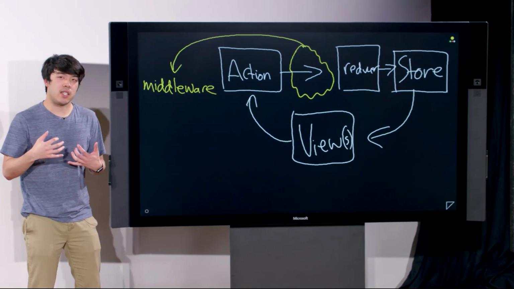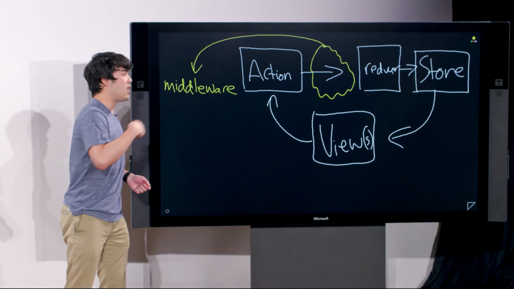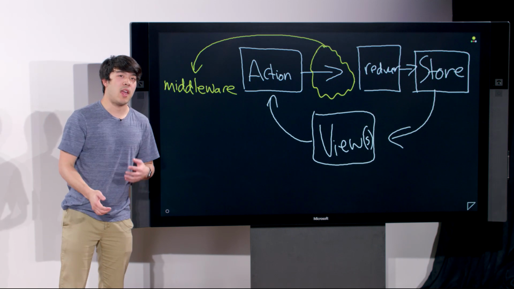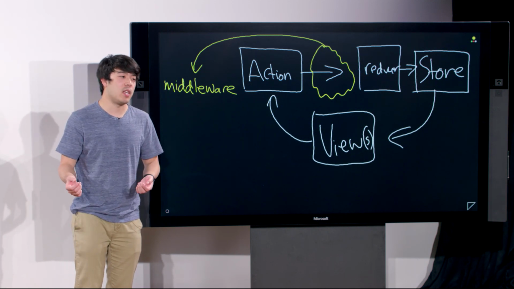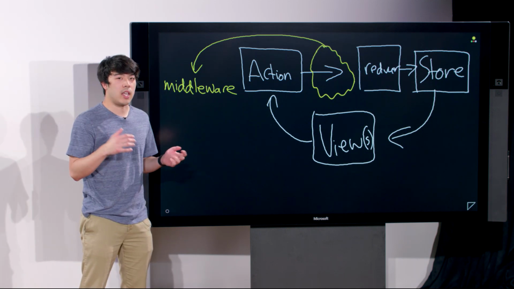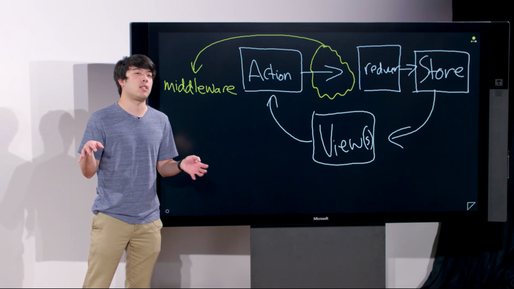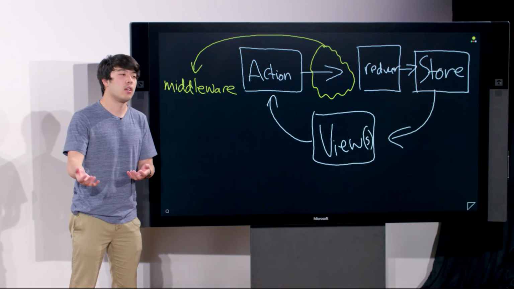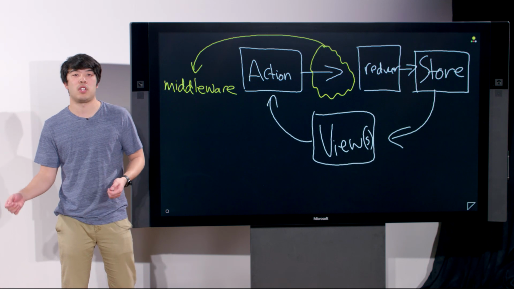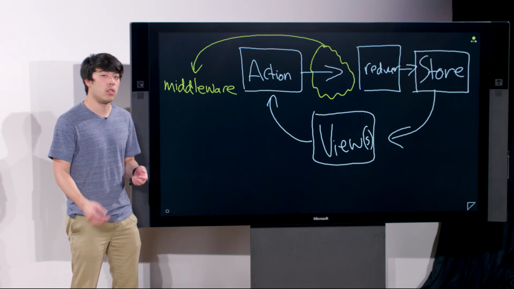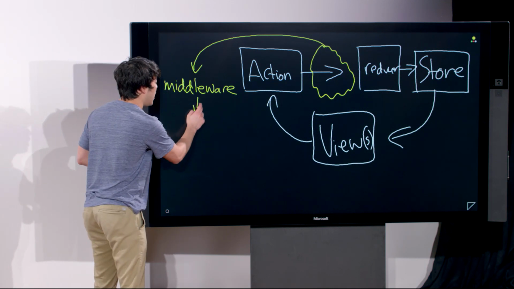Middleware is a chain by which we can just keep passing the action down the chain and modify it however we want. And maybe by modifying it, we just ignore it. We don't even dispatch a new action. Instead, maybe we just say, hey, action, you can dispatch your own things if we just pass this thing called dispatch to you. And so middleware is actually a chain of a bunch of things.